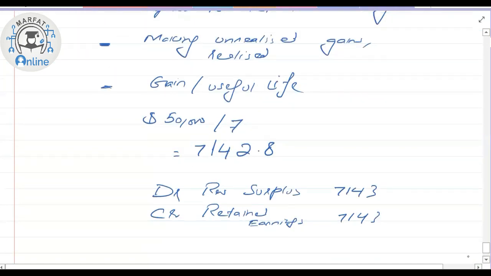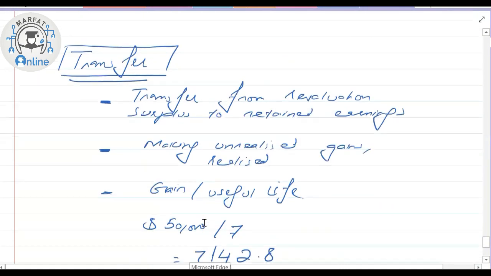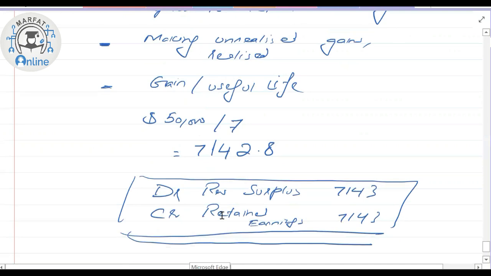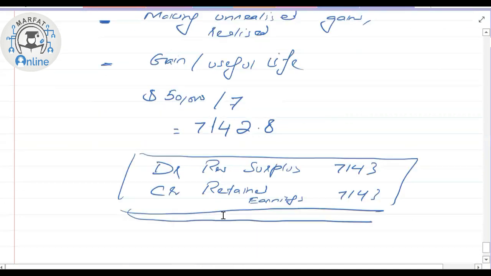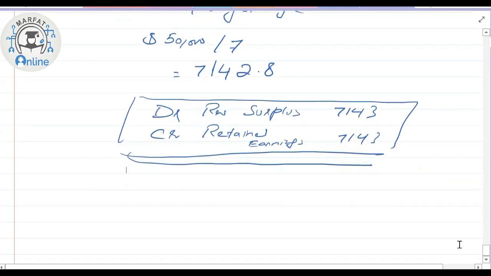In this way, the gain will be spread over the useful life rather than realized in the seventh year. This is a better way of presenting the gains, that the gain should be spread over the useful life. So every year we take the gain from the revaluation surplus, that means de-recognizing the unrealized gain and making it realized.